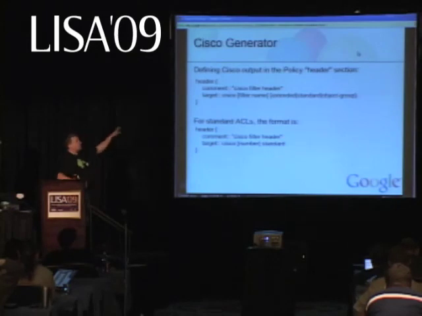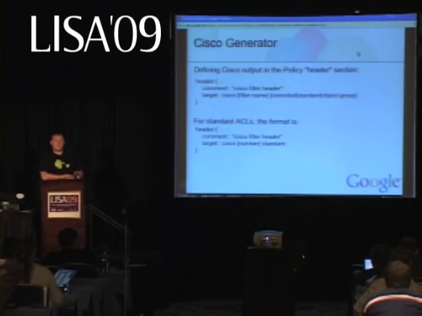Follow that by target, colon, and your target platform, Cisco in this case, followed by a filter name, followed by the type of output you want: extended, standard, or object group. Now, obviously, if you're doing a standard ACL, you can't use a text name, you're going to use a number. So you'd say target Cisco, some number, standard. And that'll generate access list 50, foo.